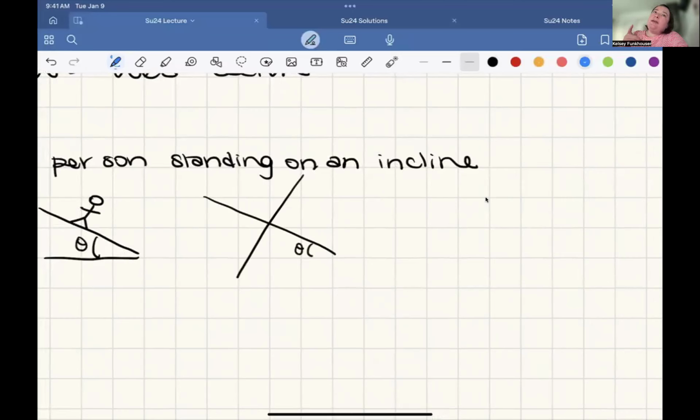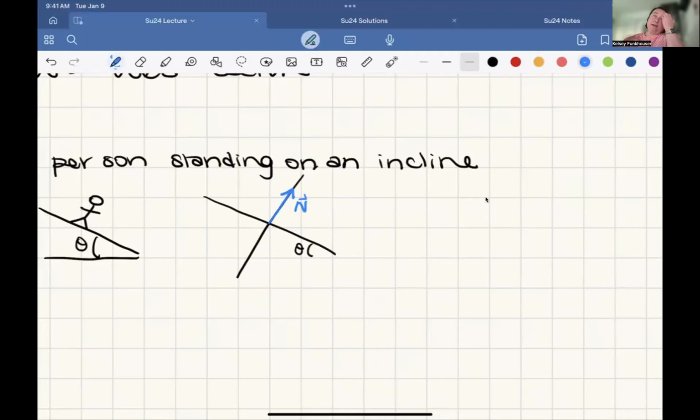Let's start with the forces that might be a little bit easier. The normal force is perpendicular to the surface, so not straight up, but perpendicular, which is along our positive y-axis. This is the normal force. This person isn't moving, so they're experiencing static friction.